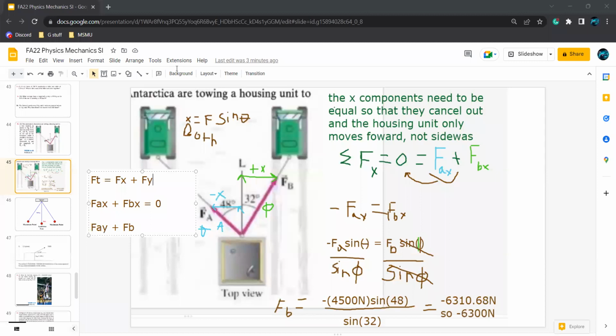So to get rid of the square on the F total, you're going to just do the square root of both sides.